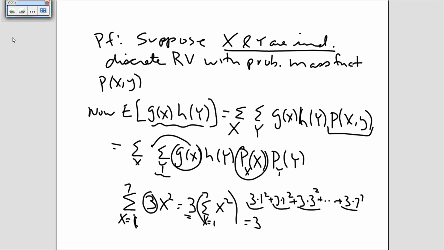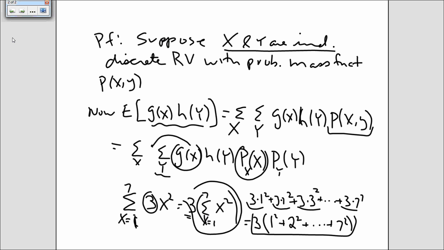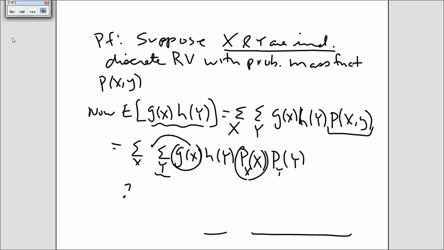So you can factor out the 3. So you get 3 times the quantity 1 squared plus 2 squared up to 7 squared. You can factor out the constant. And that's just what I'm about to do after I clean up this stuff.